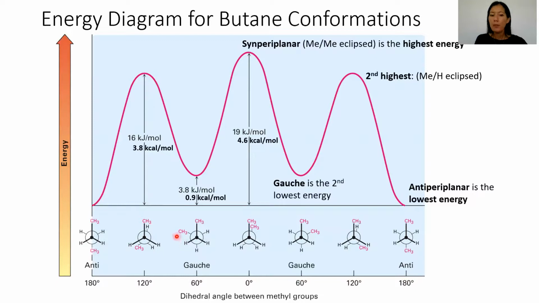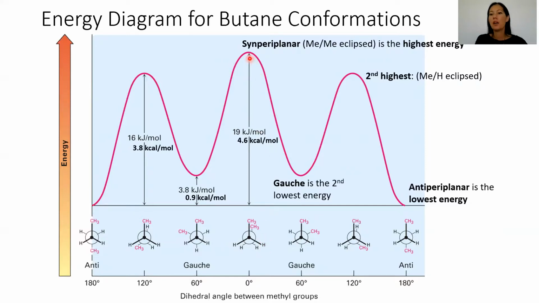Then I can relieve some of that strain and I get to a gauche. But the gauche still has some, this is your gauche here. Methyl-methyl is your gauche interaction. There is some offensive interaction, so that it'll cost you 0.9 kcals. If I move the methyl group another 60 degrees, I get to the worst, methyl-methyl eclipsed with two other eclipsed.